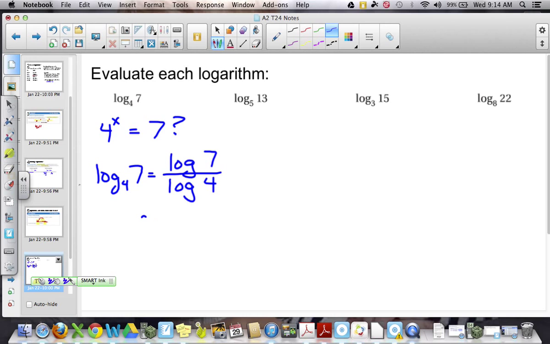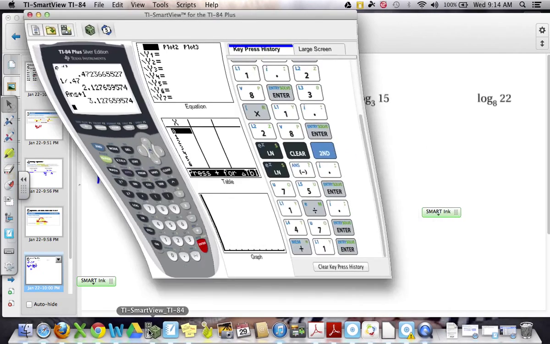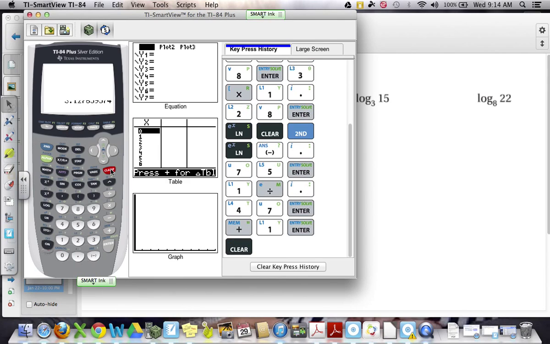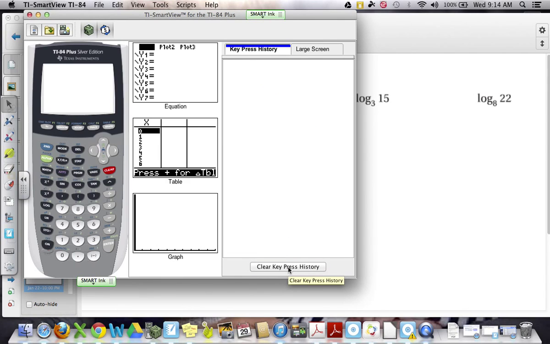Now, to find out what that's approximately equal to, we can use our calculators. Let's clear this so you can see what I'm typing. So we want the common log, and the common log button is right over here next to the 7.